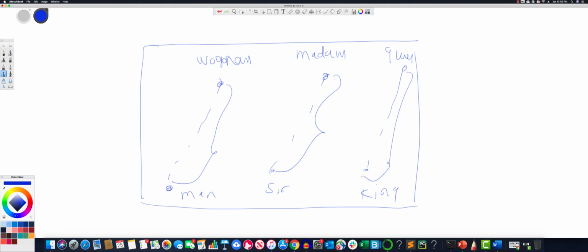So we can use algebra to derive interesting vectors. For example, vector of king minus vector of queen should give you a vector which is very close to vector of man minus vector of woman, right?